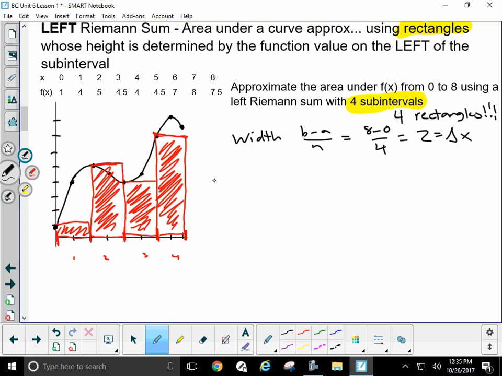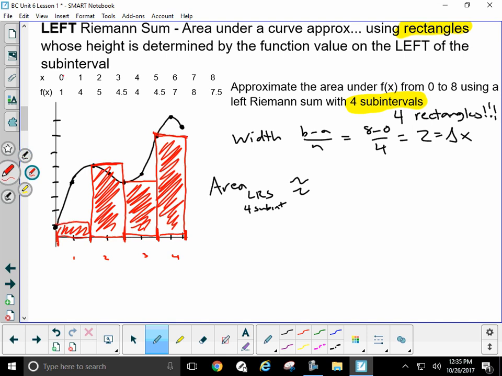We're going to say the area using a left Riemann sum with 4 subintervals is approximately a bunch of base times heights. Now, I'm going to show you how you can use this table of values quickly to write down what your heights are and your bases that you're going to be using.